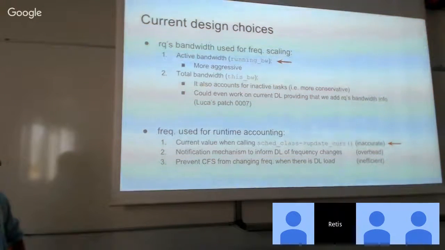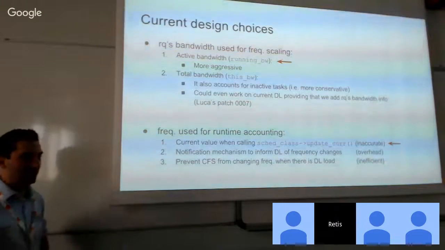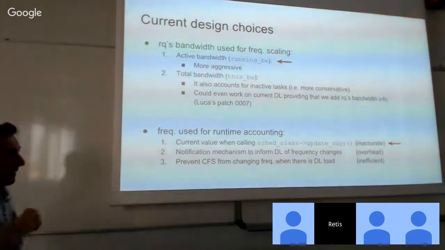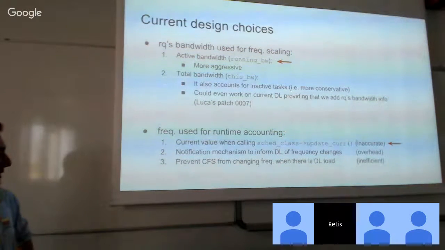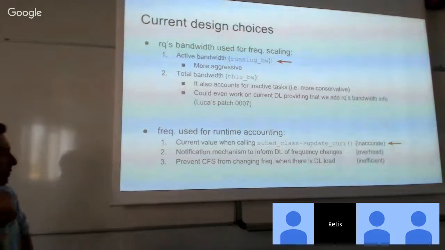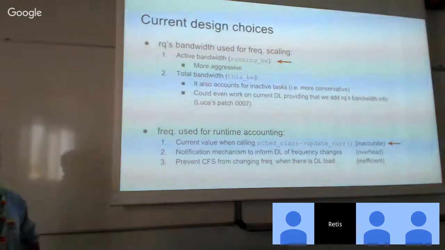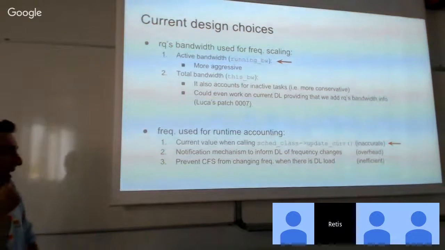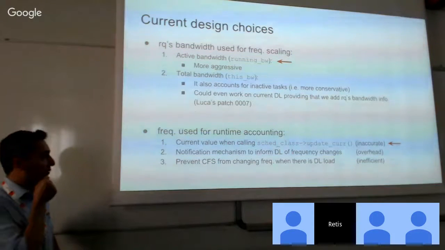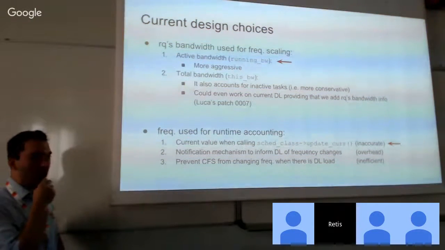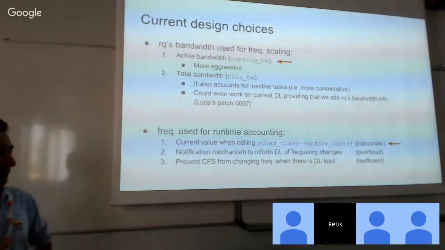Ideally, deadline should be informed of each frequency change in the system, but this would introduce overhead and would be quite ugly. And also, if we prevent CFS from changing the frequency when there is some deadline load, it would still be ugly and probably inefficient. So we have chosen to use just the current value of the frequency at the moment in which update curr is invoked.